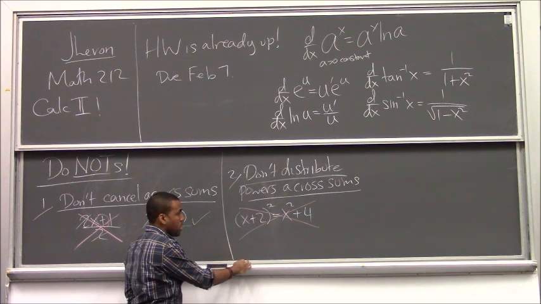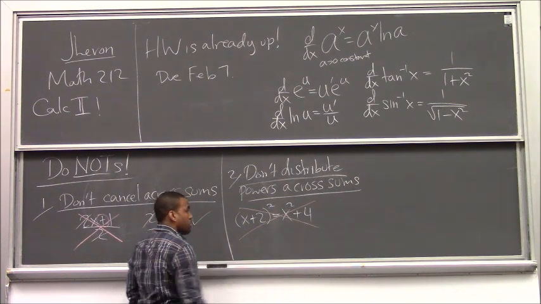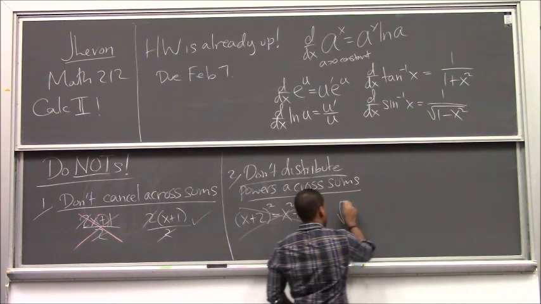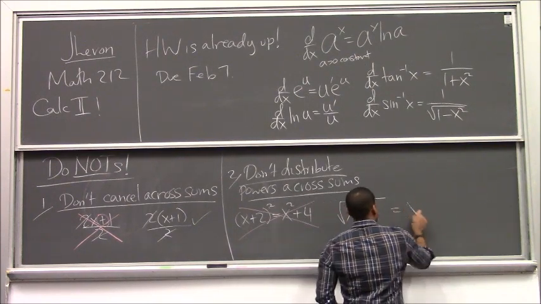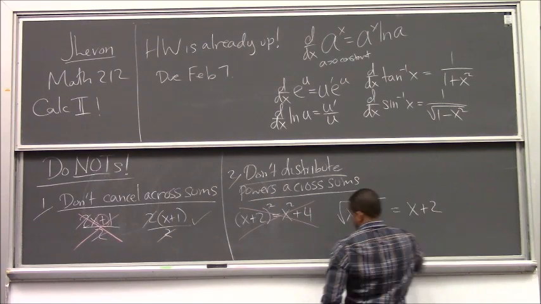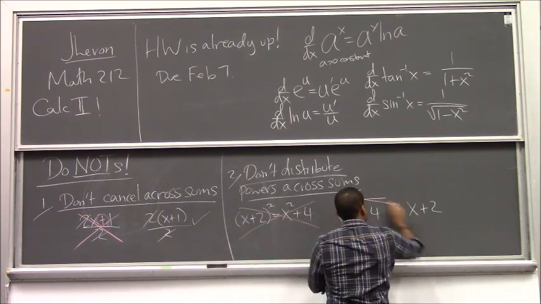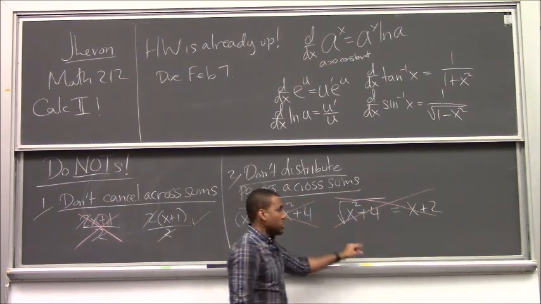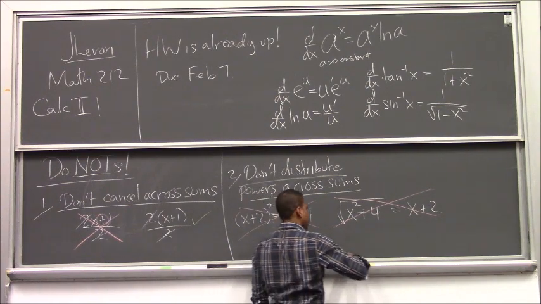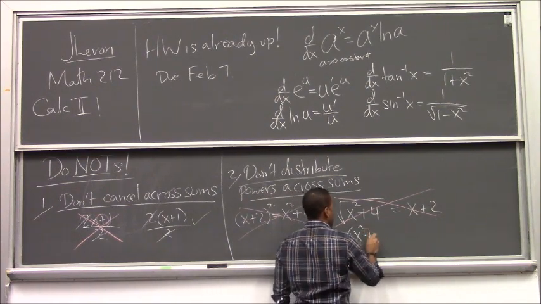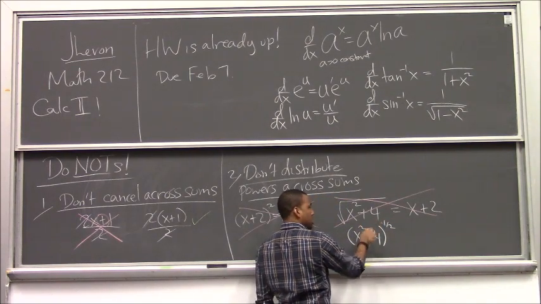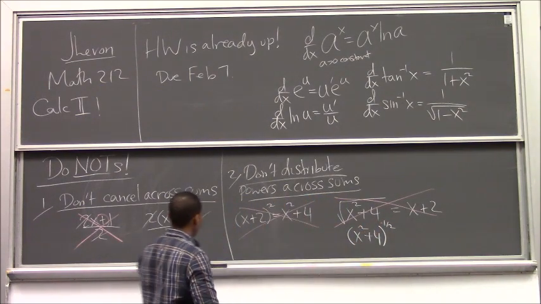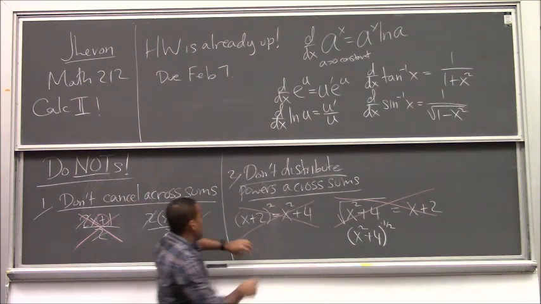It's called distributing a power across a sum. A very common one that people often forget about is with radicals. If you have this, and you say that that's x plus 2, that is very wrong, because a radical is actually a power, right? That's x squared plus 4 to the 1/2. You cannot take that power and attach it to each part. That is very wrong. Do that, I will give you a 0.